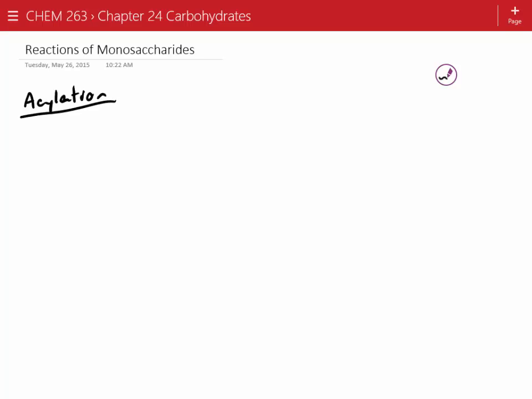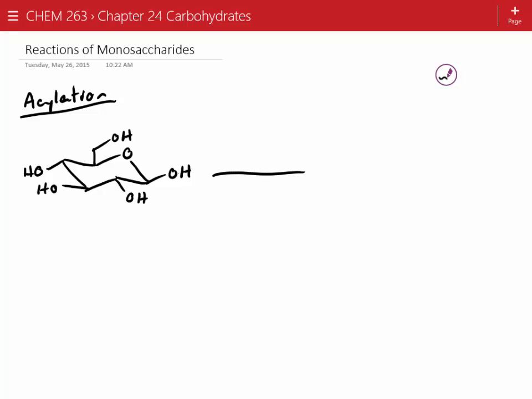Nice and easy one. And I'm going to draw this in the chair conformation because I prefer that. And we're going to react this with a special reagent.